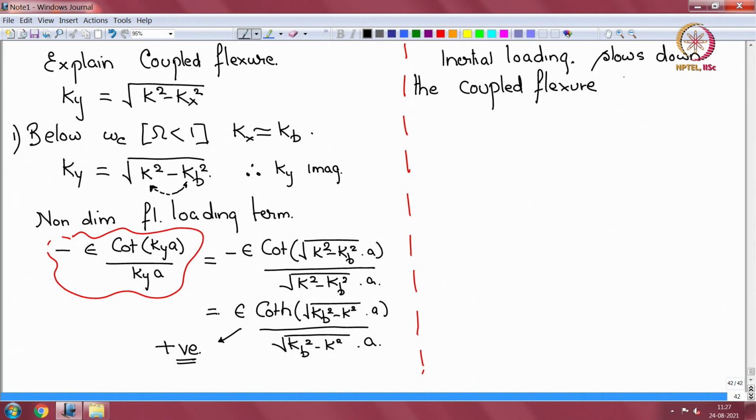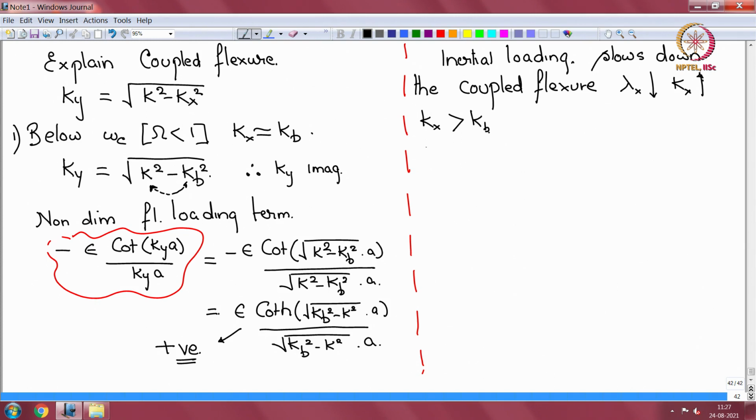That means the coupled lambda x is smaller. Remember, lambda x is distance covered in one cycle. So if it's slower, lambda x is smaller, and therefore kx becomes bigger than kb.